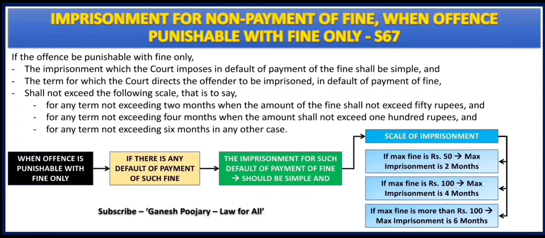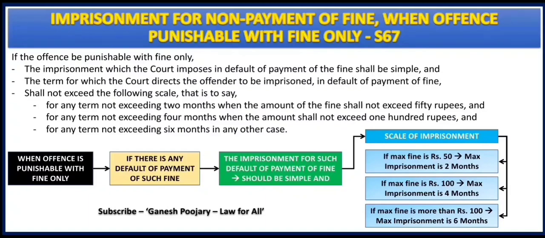It says, if the offence be punishable with fine only, the imprisonment which the court imposes in default of payment of the fine shall be simple, and the term for which the court directs the offender to be imprisoned in default of payment of fine shall not exceed the following scale, that is to say, for any term not exceeding 2 months when the amount of the fine shall not exceed 50 rupees, and for any term not exceeding 4 months when the amount shall not exceed 100 rupees, and for any term not exceeding 6 months in any other case.